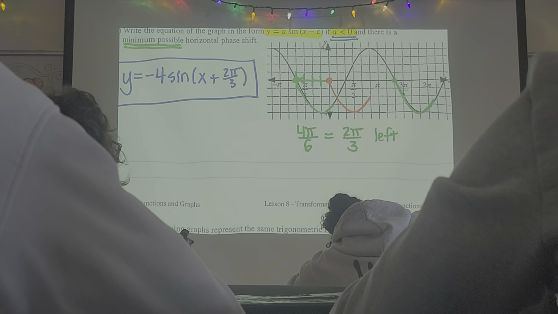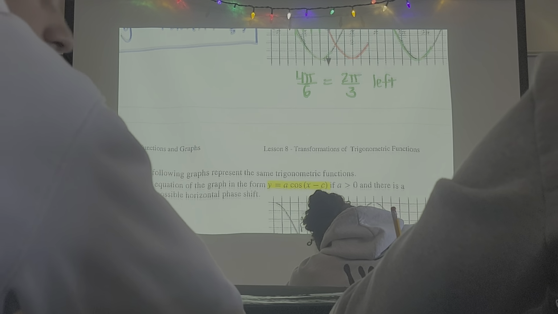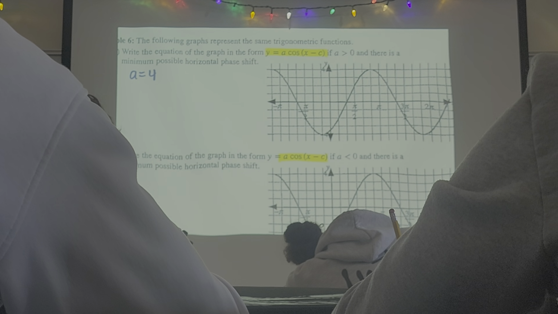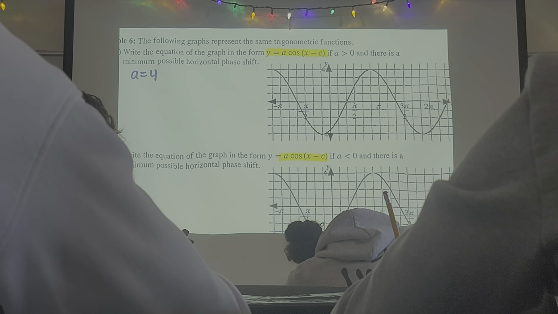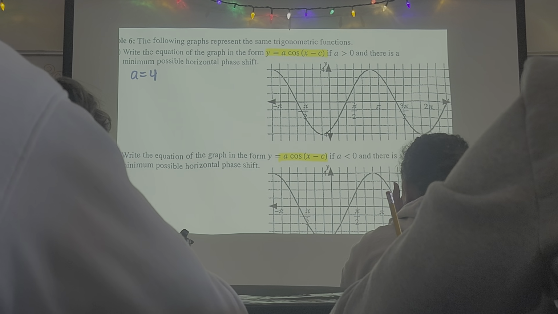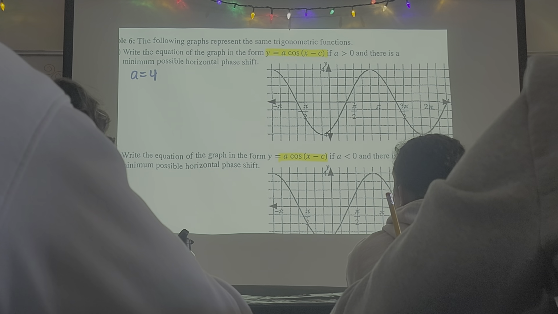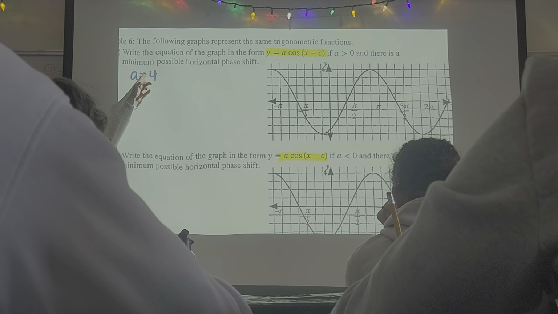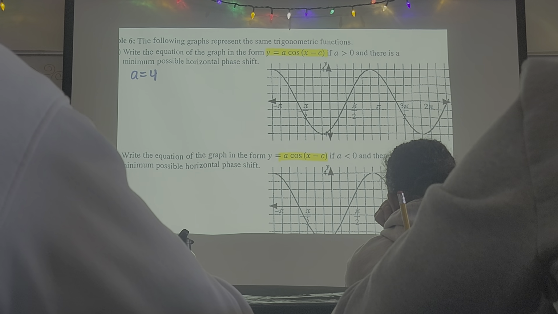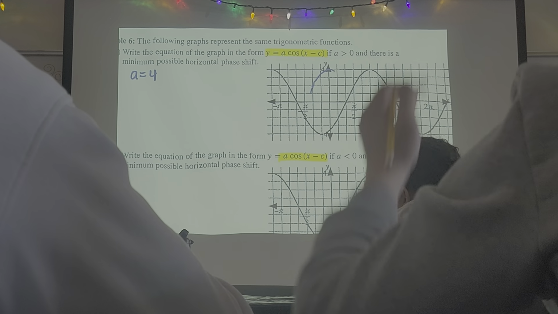Our sine graph always starts at the origin. Where does the cosine graph start? On the y-axis, 1 up. It starts right at 1. But here it's going to start at 4 because we stretched it by 4. So cosine will start up here.